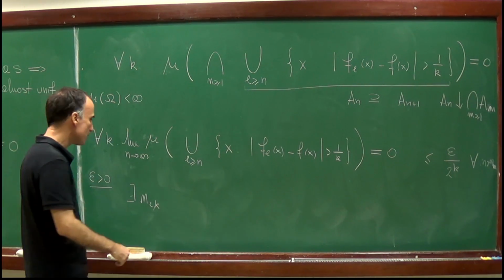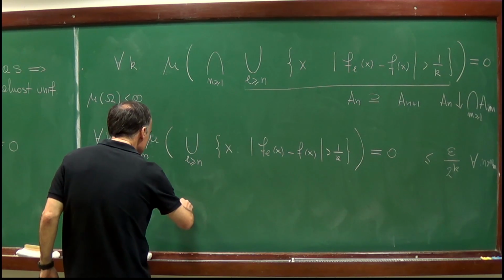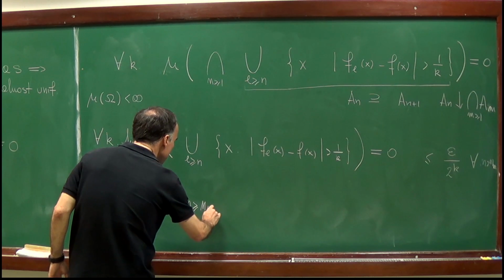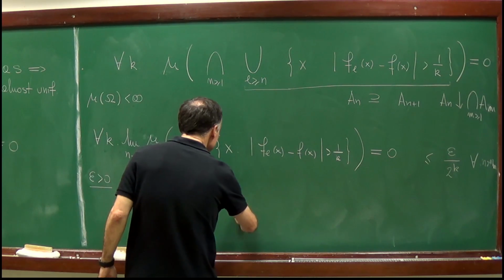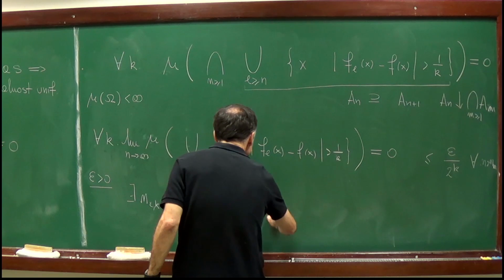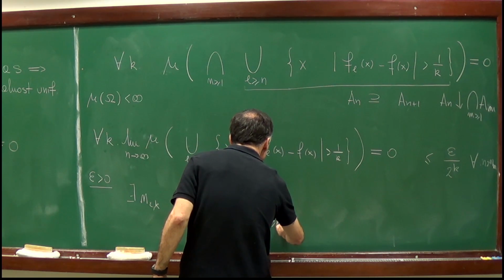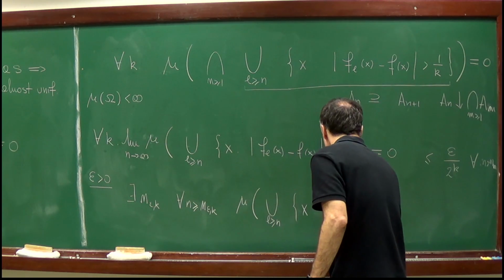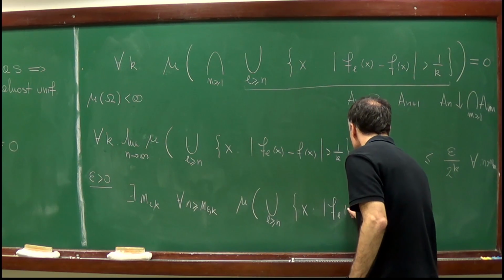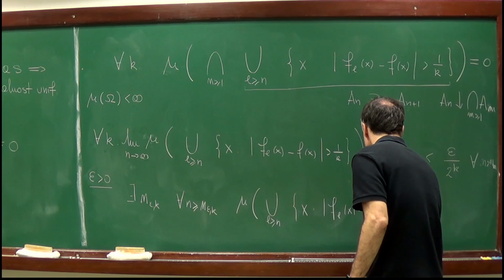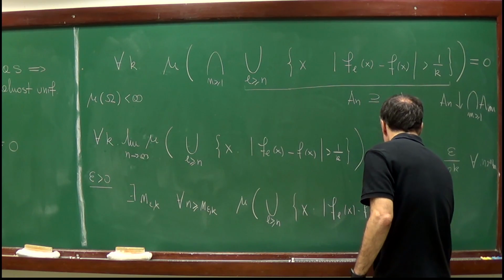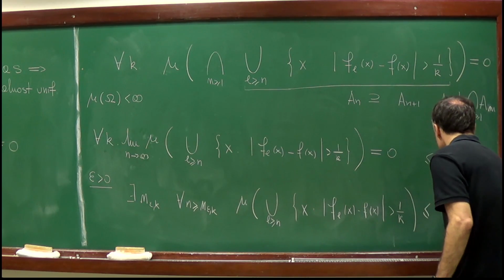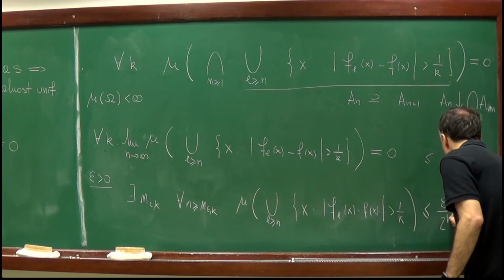We know that there exists n epsilon k, such that for all n larger than n epsilon k, the measure of this set, L larger than n, of x such that |f_L(x) minus f(x)| is larger than 1 over k, is less or equal than epsilon divided by 2k.